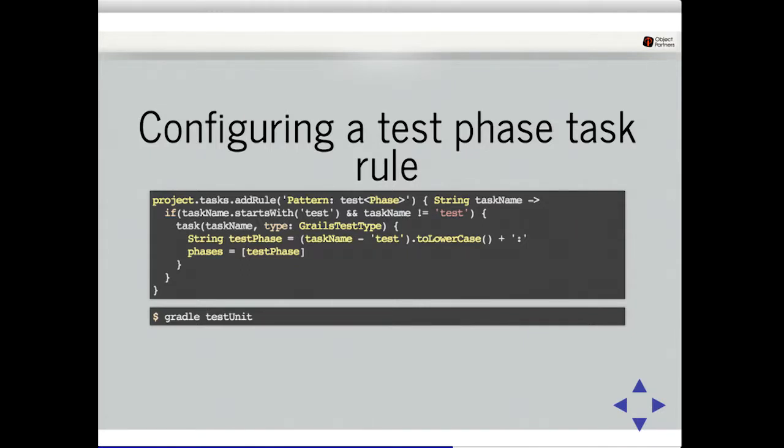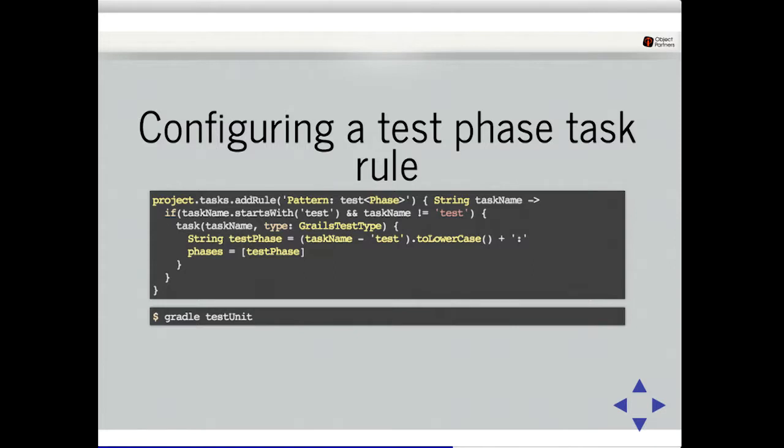So you can do something like gradle test unit or gradle test integration, gradle test functional, and just run those phases directly. You could make this even more complex, like gradle test unit spock, and you could adjust this rule so that it passes the phase and the type in as well.